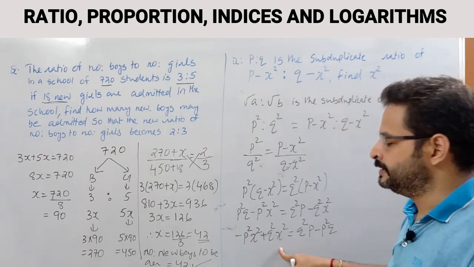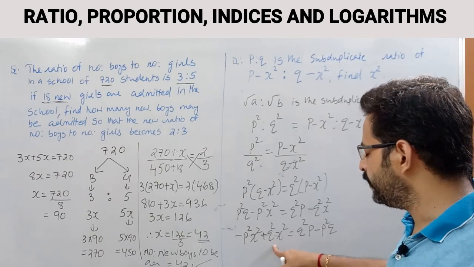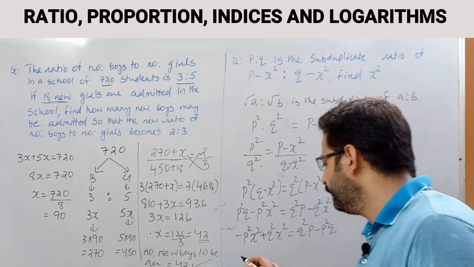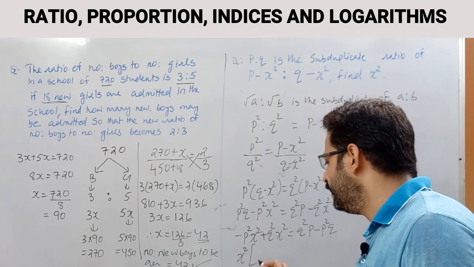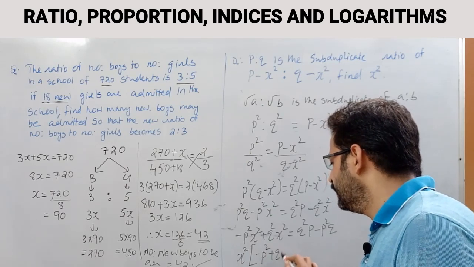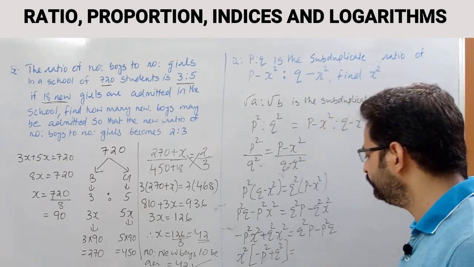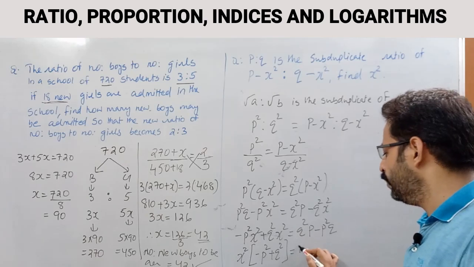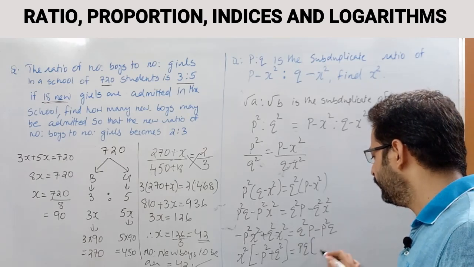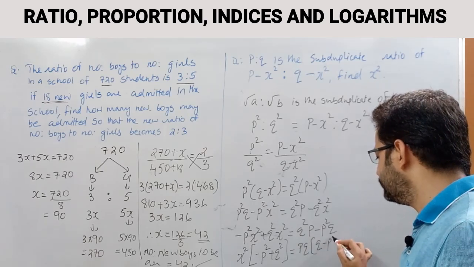Look at the LHS. Minus P square x square plus Q square x square. x square common: x square into (minus P square plus Q square) is equal to PQ common, here PQ common, (Q minus P).